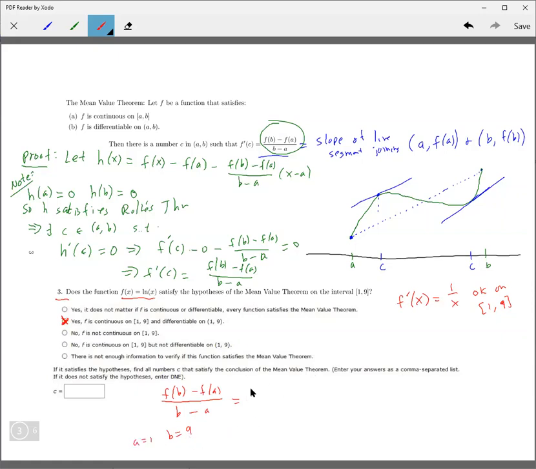And f is log, right? So it's going to be log of 9 minus log of 1 all over 9 minus 1. And log of 1 is 0, so that just goes away. So that means it's log 9 over 8.